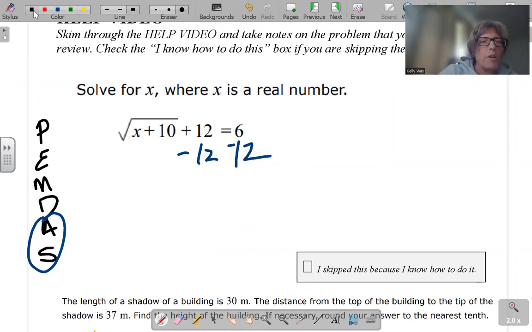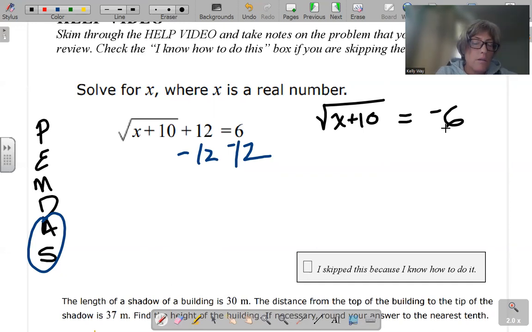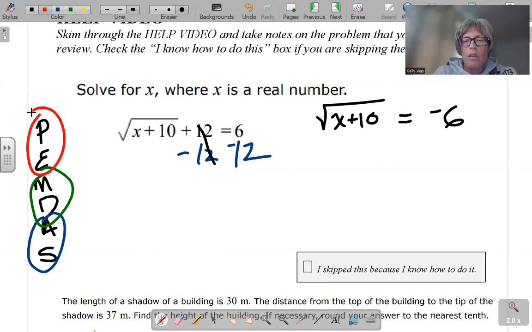So we have here x plus 10 equals, that's going to be -6. And then you do multiplication and division if there is any. And there isn't at the moment because we have to deal with the exponent here. And the exponent is the opposite of square rooting, is squaring.